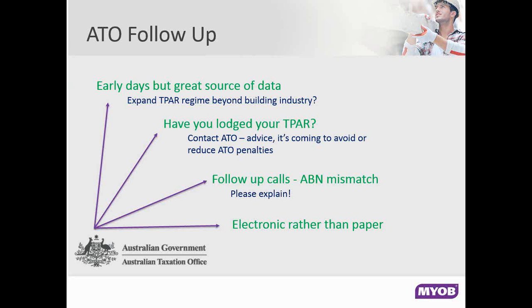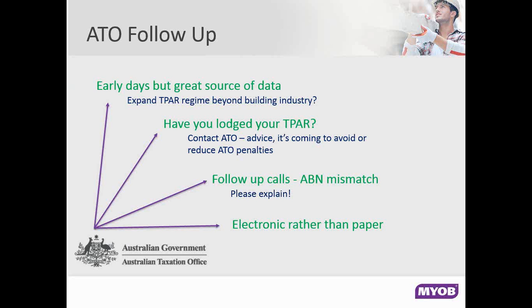As I said before, the ABN mismatch is an issue that the ATO are definitely going to follow up. They've said that in the next 1 to 3 weeks they will start calling businesses for a please explain. Now, whilst I won't be privy to some of these phone calls, I suspect what it is they're going to give businesses a call and they're going to say, look, I have Richard Puff and he's provided BHP's ABN.